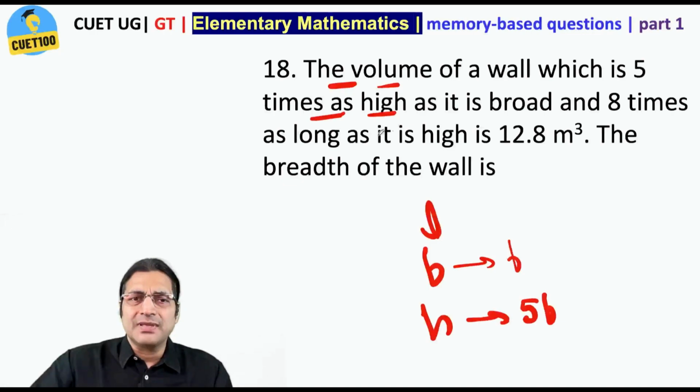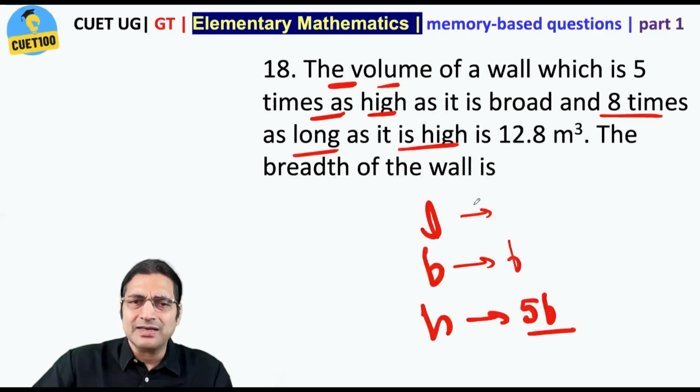And 8 times as long as it is high. Okay, it's 5b high, 8 times would be 5b into 8, 40b. Okay, and the volume is given as 12.8 meter cube. What is the volume? Volume is LBH, right? And LBH is 40 into 5, 200 b cube.